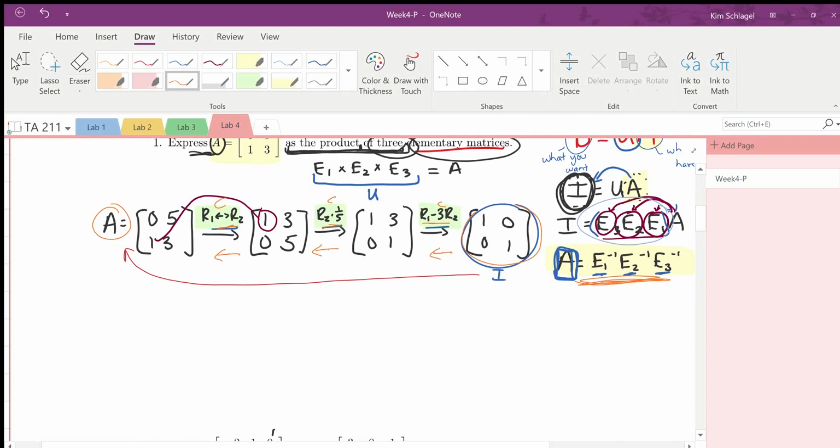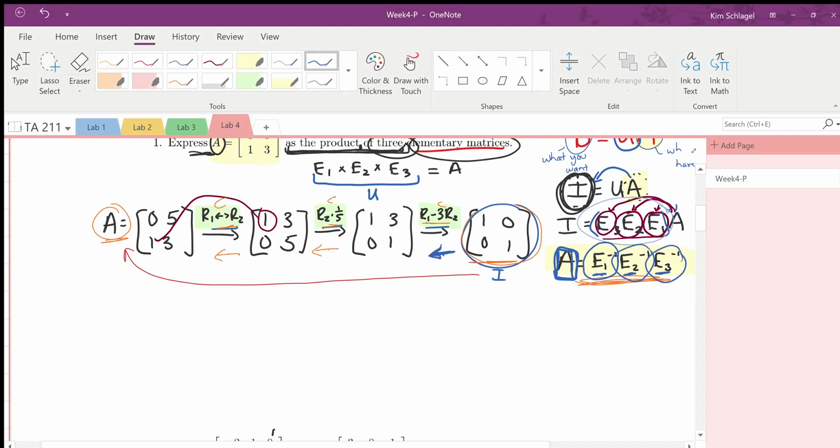So we want to start with the identity matrix, and somehow get A out of it. Well, what I can do is just take the opposite row reduction steps here. You can see I have the inverses written here, which essentially means the opposite.